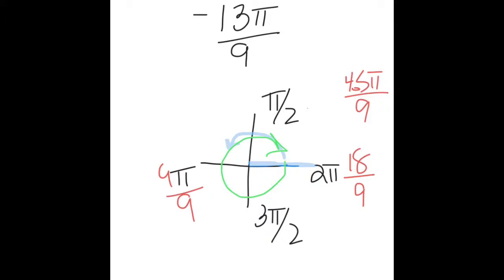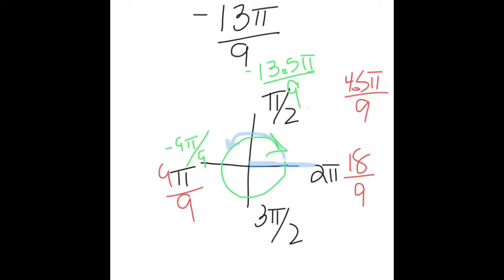All right. So if I start here at 0 and I rotate half of a revolution, I'm now at negative 9 pi over 9. Well, what's half of 18? The difference between 18 and 9 is 13.5 pi over 9.